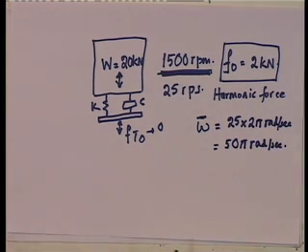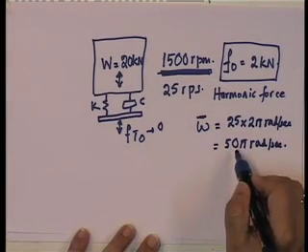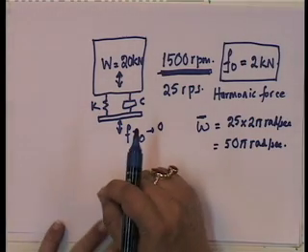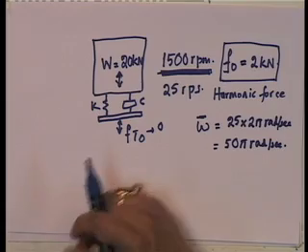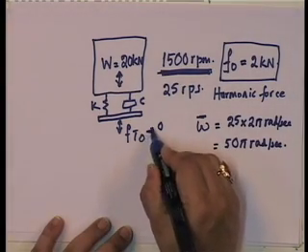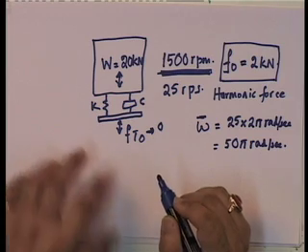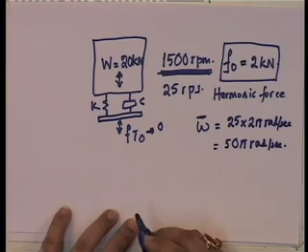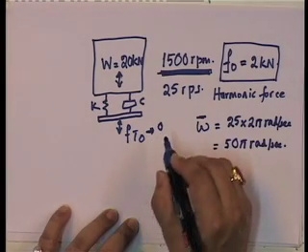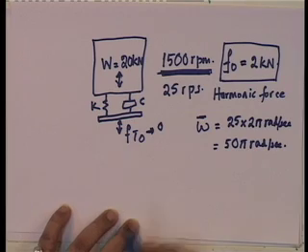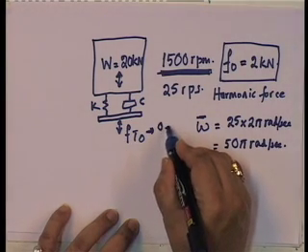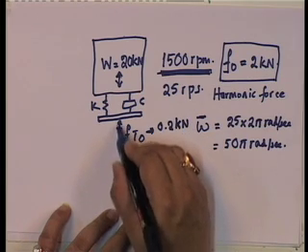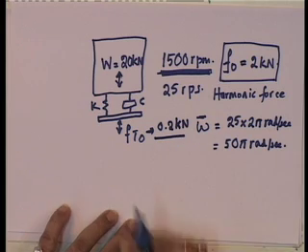So, we know the excitation frequency, we know F0, and so what we need to do now is look at the possibility of transmitting as low a force as possible. Let us put it this way: the maximum that the floor can take is 0.2 kilonewtons.